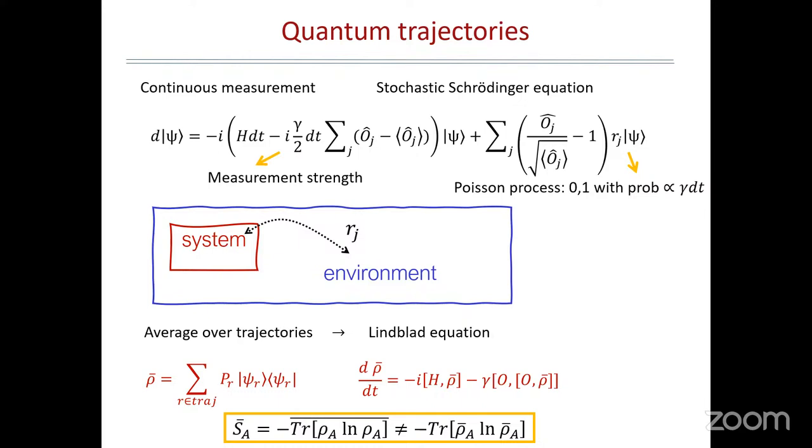If you do that, it's equivalent to averaging over all these possible paths in the Hilbert space, the quantum trajectories, and the result would generally be a master equation. As we know, if we follow this master equation, what we are looking at is this rho bar, which is the average density matrix, which is the average state of the system.